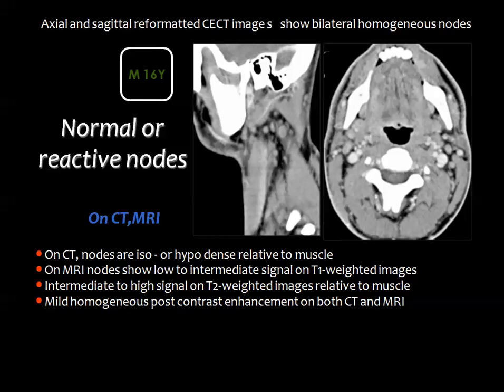And if you look carefully here, you see some nodes in the region of the submandibular gland, and some other small nodes deep to the sternomastoid muscle. And I want to say that these nodes should not be considered pathologic. They are usually referred to as reactive lymph nodes, since they are in the range of 1.5 centimeter and they are homogeneously enhanced.